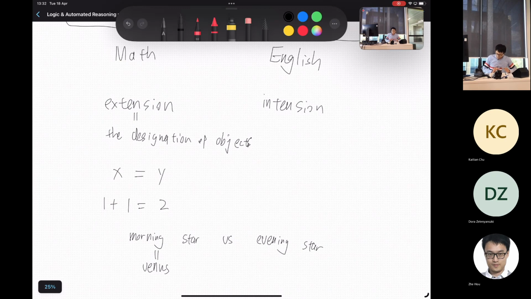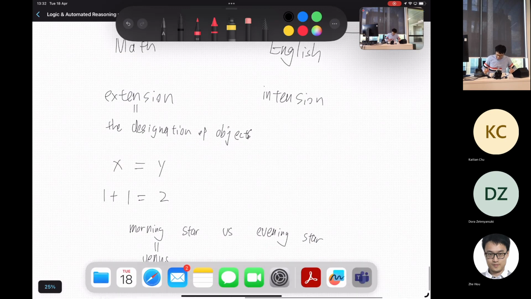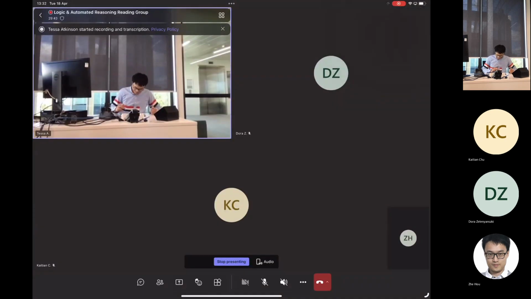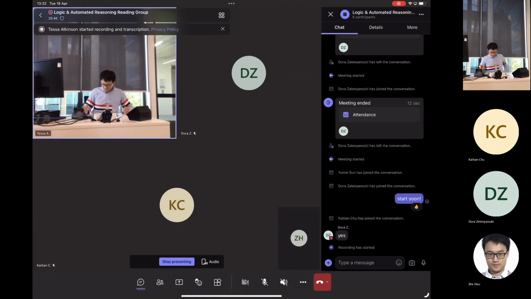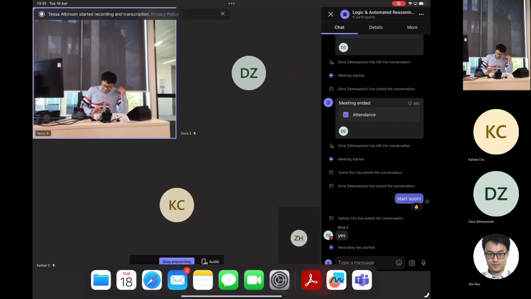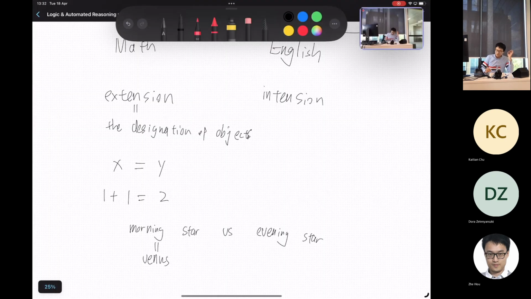Okay. What about evening star? It's the first one you see in the evening, shines the brightest. Which one is it? Is it also Venus? I'm not sure. Anyone in the online audience? Okay, so you are not sure.